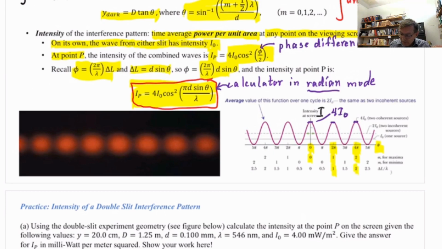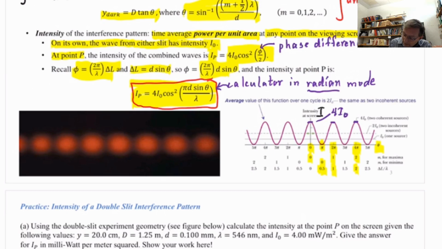And it repeats. Now, here we have a minimum intensity, right? The intensity is 0. That's the first such minimum. And that corresponds to a phase difference phi of pi radians. It's m equals 0 for the minima, and it's a path length difference of half a wavelength.